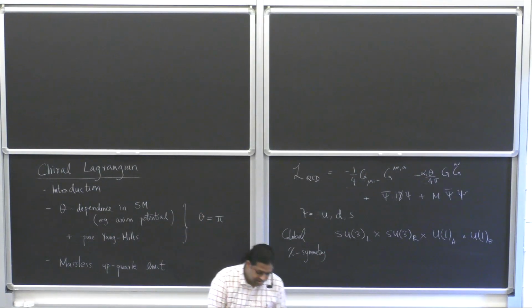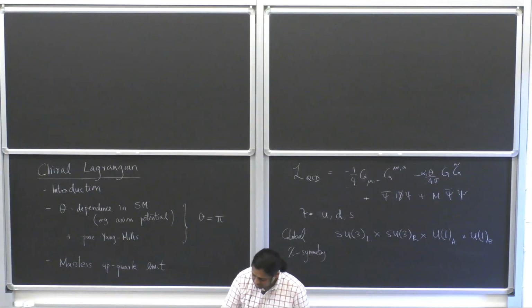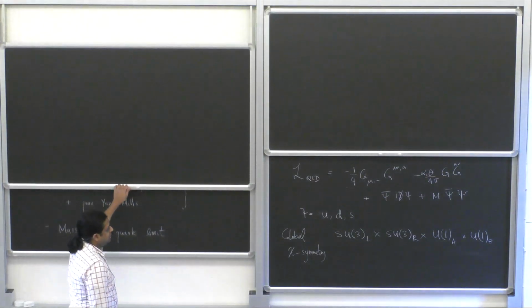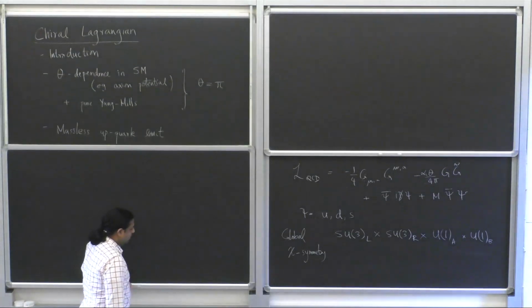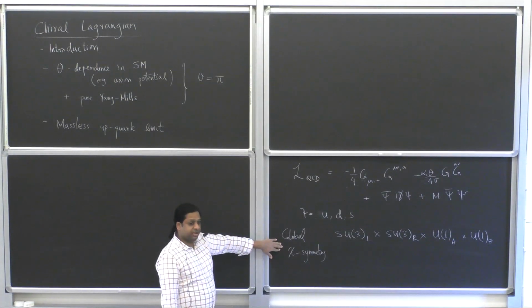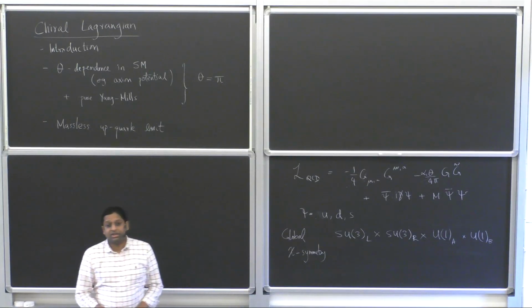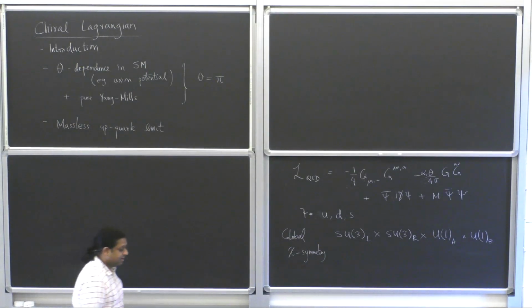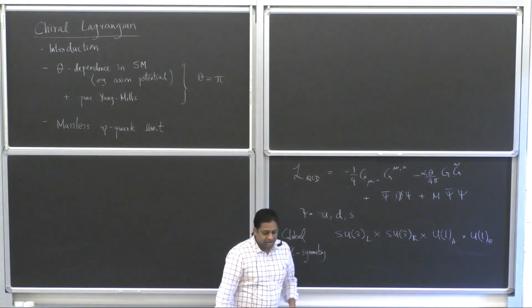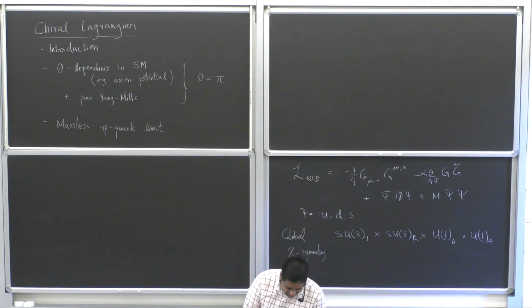Okay, and the idea is that while we don't know what happens when QCD becomes strong and confines, we can track this global symmetry, and we can write down a low energy Lagrangian that has appropriately this global symmetry in the limit of the quarks being massless.